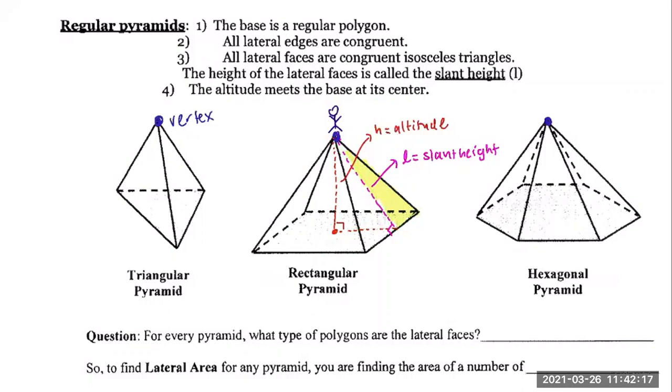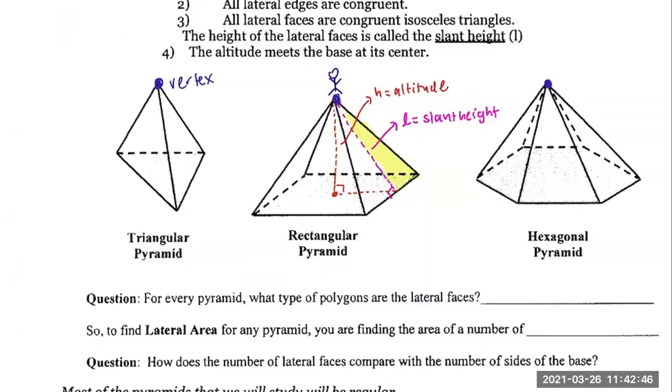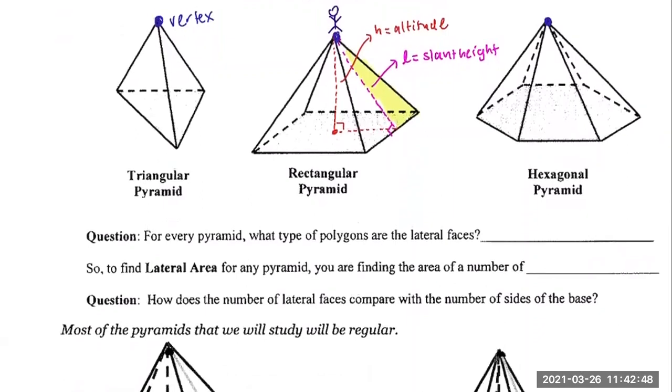This slant height is the leg of this yellow triangle, but the hypotenuse of this triangle here. Can they be the same triangle? They cannot be the same triangle. That's probably the biggest mistake I see with pyramids: assuming those two calculations are the same. They can't be. If this is the leg of one triangle and the hypotenuse of another triangle, it can't be the same triangle. Okay, so let's keep going here.